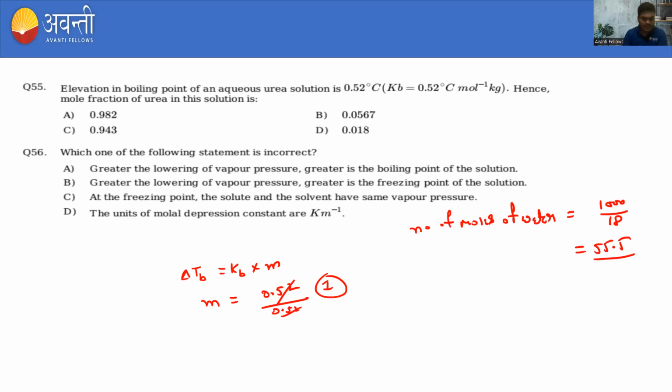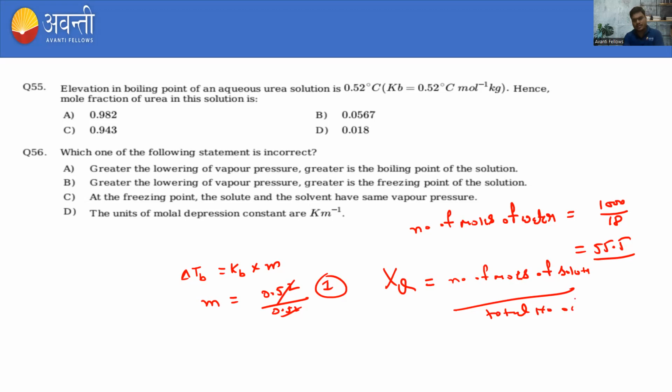55.5. Okay. Now, you need to calculate the mole fraction of urea in water. So, the mole fraction of urea in water is equal to the number of moles of solute, or solvent, divided by the total number of moles.